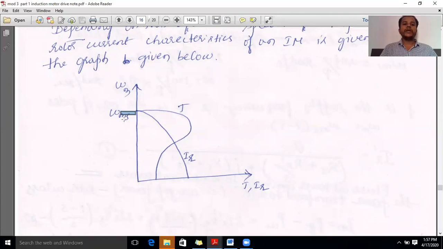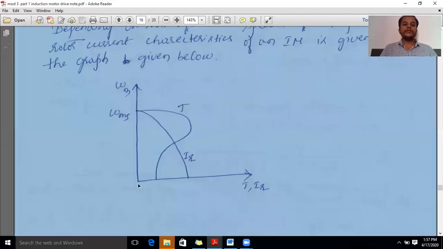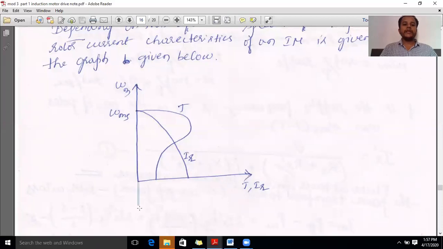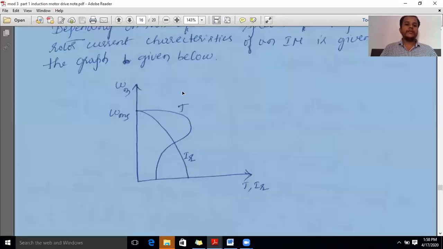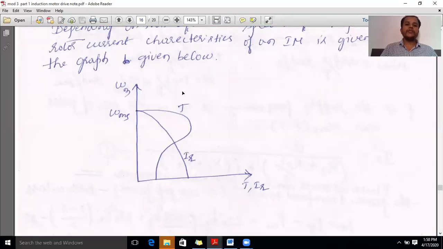This is positive omega_s, and this is omega equal to 0. And if I draw this here, this is the negative direction, and in this case the speed is minus omega_s. So this is the forward motoring operation. This is about the torque-slip characteristics.